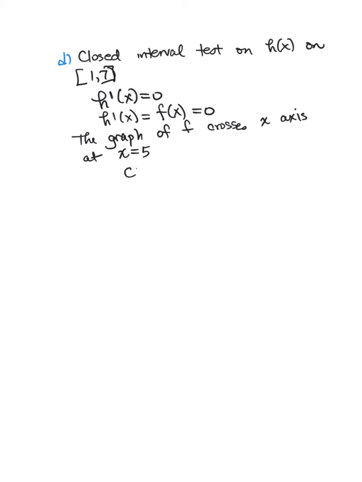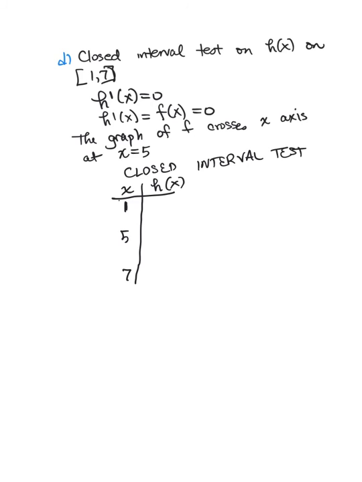So we use the closed interval test on h. Okay, so this was very different that year. So we have to put the 1, the 7, and the 5.